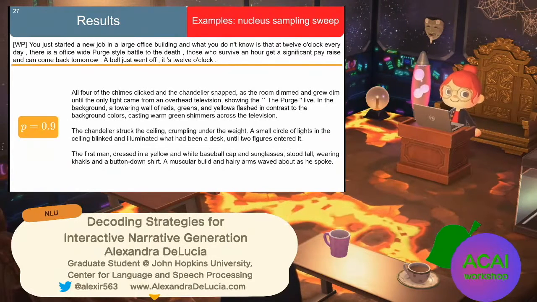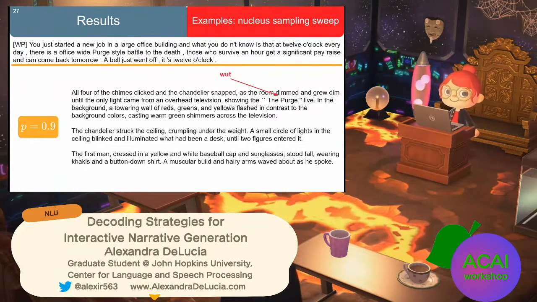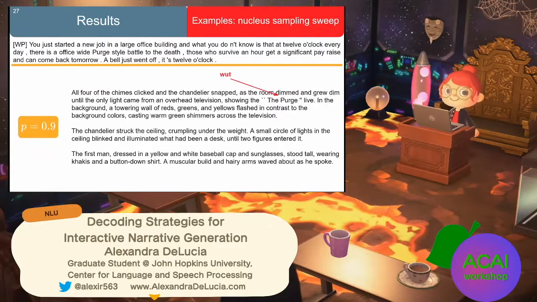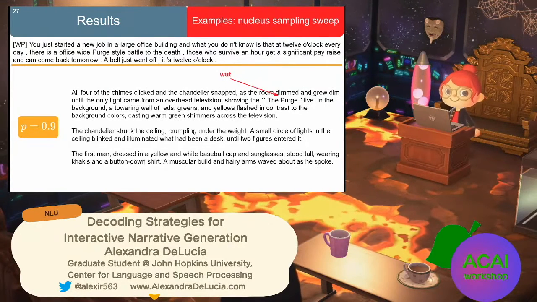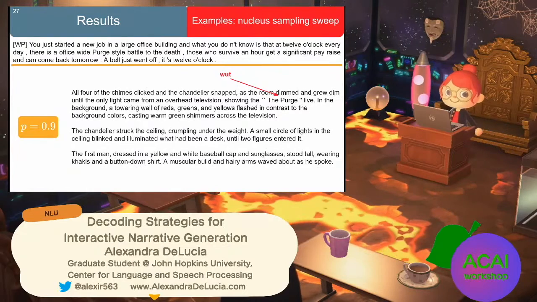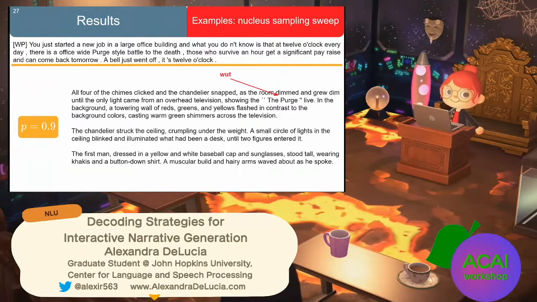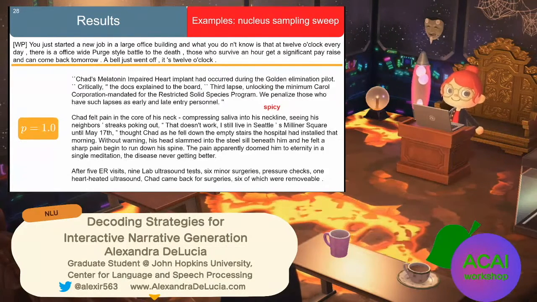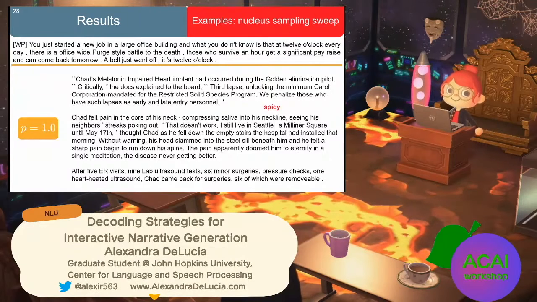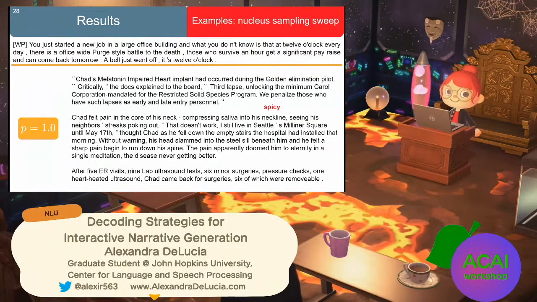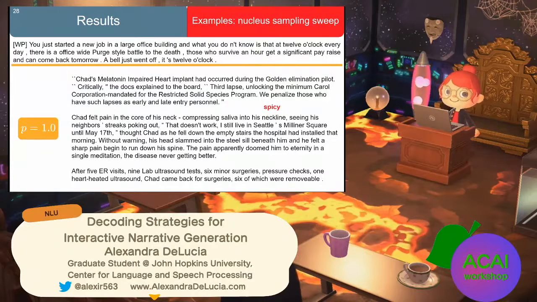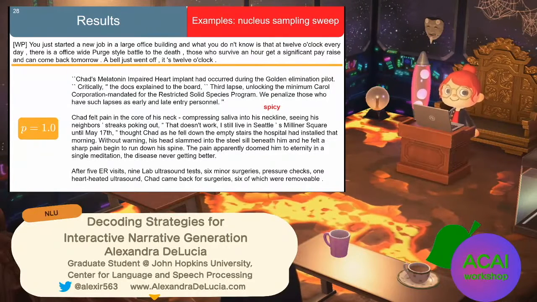For some reason, the purge is in here. Kind of interesting. There's more action going on. And finally, for p equals 1, also very interesting. We got heart implants, lots of pain. Our model seems to be a little on the dark side.